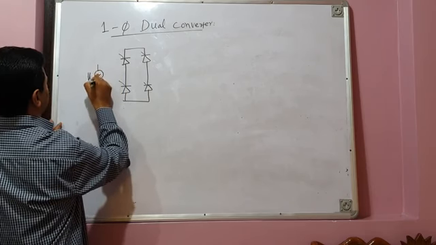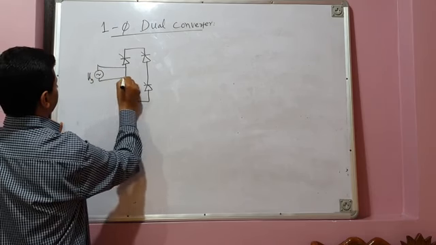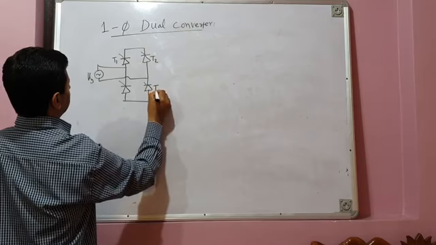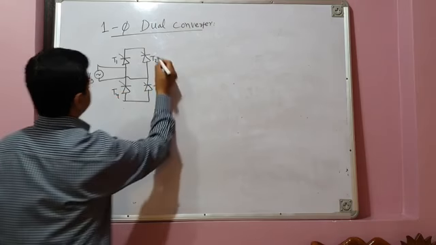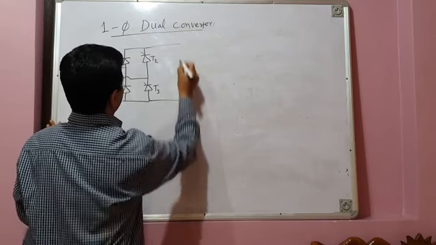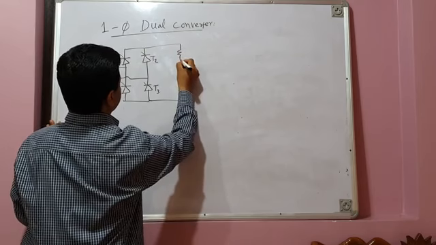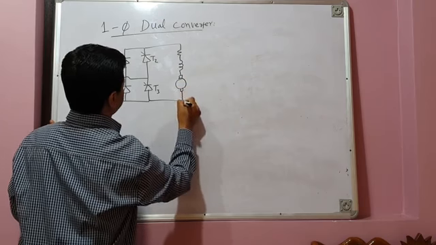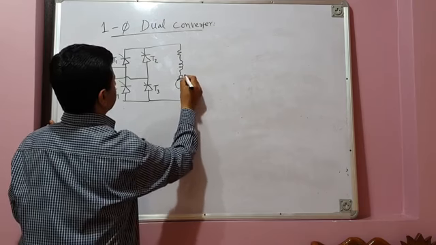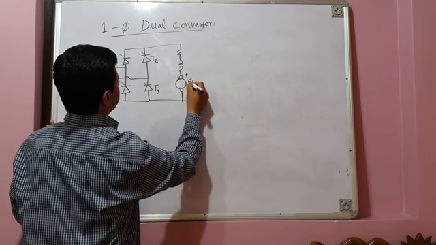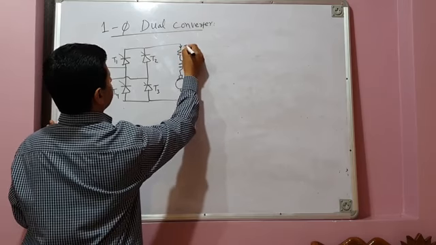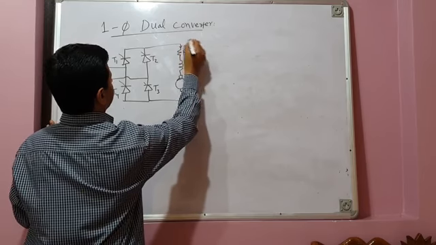This is the source voltage Vs. These are thyristors T1, T2, T3 and T4. And our load is here. Say we will again take a DC motor as a load. These are the motor terminals. This is the back EMF of the motor EB. This is the armature resistance and armature circuit inductance, and the armature current is, for example, IA.